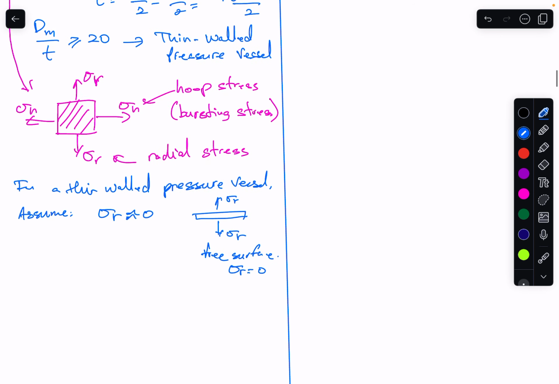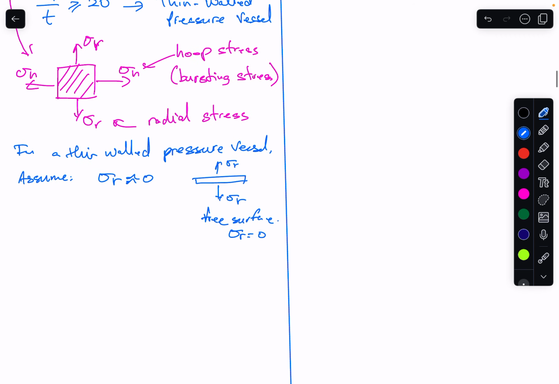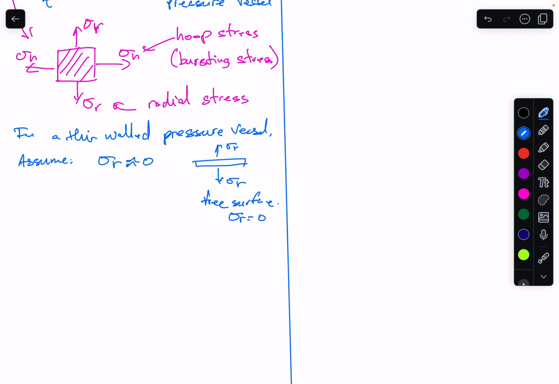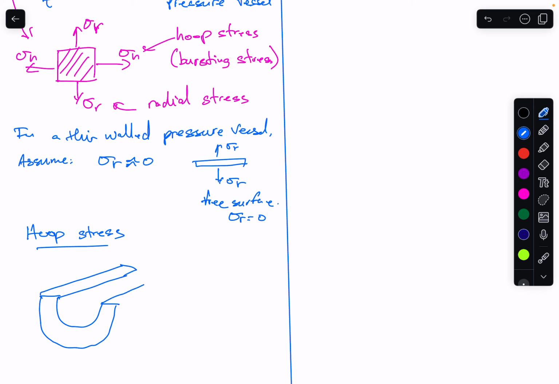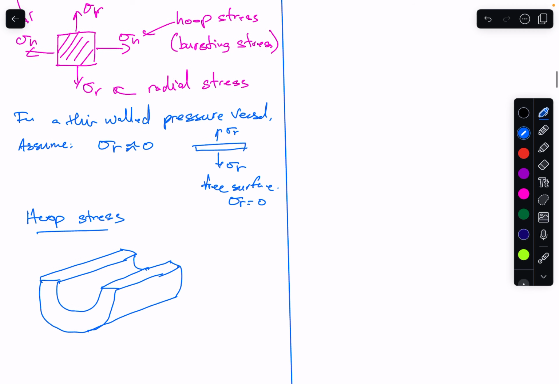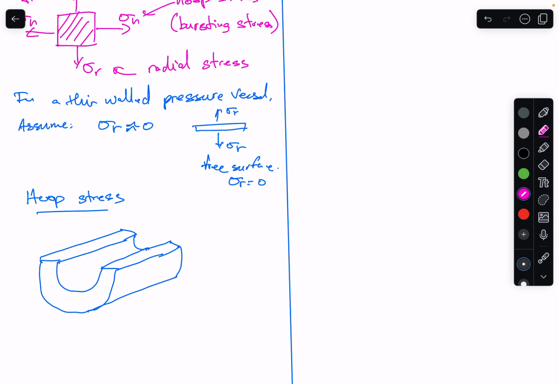Alright, so moving on. We need to be able to calculate this hoop stress and then that longitudinal stress. For the hoop stress, what we do is assume that we cut the surface of the pressure vessel down the end here.